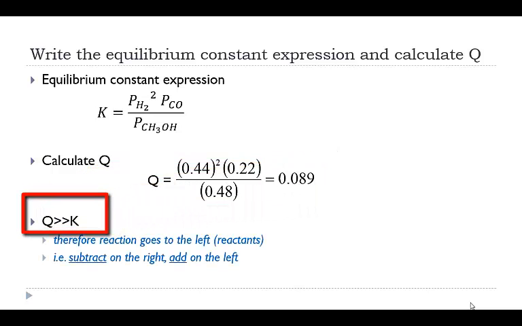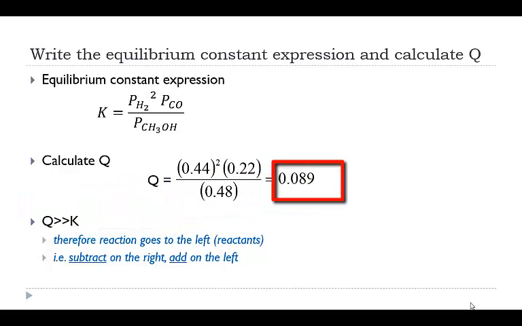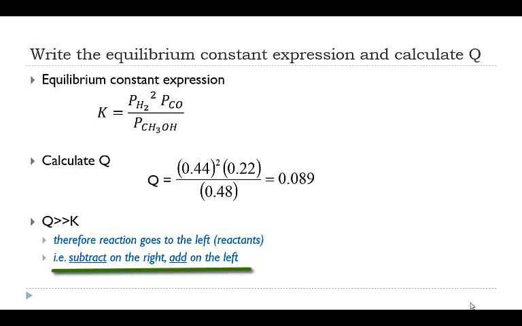And we find that Q is a lot larger than K. Remember, K is 10 to the minus 8th. This is 0.089. Since Q is larger than K, we've got too much product, and the reaction will go to the left. So we're going to subtract on the right, add on the left.